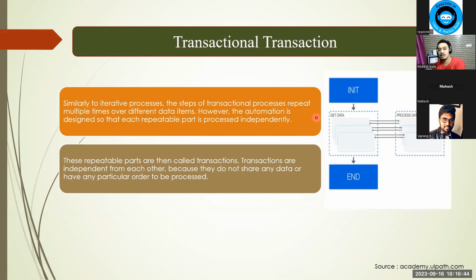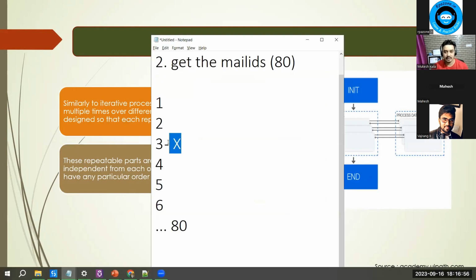That's why to overcome this, we have something which is called transactional processing, where each individual item is a separate transaction. When I say separate transaction, whatever happens with the first one, even if it is success, even if it fails, business exception, system exception, it has nothing to do with the other items.